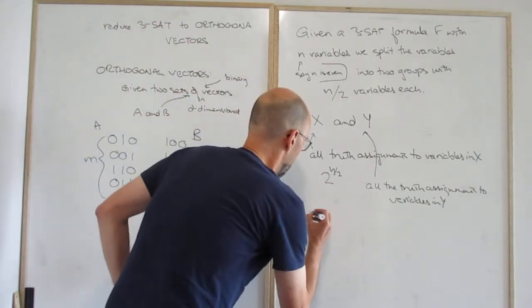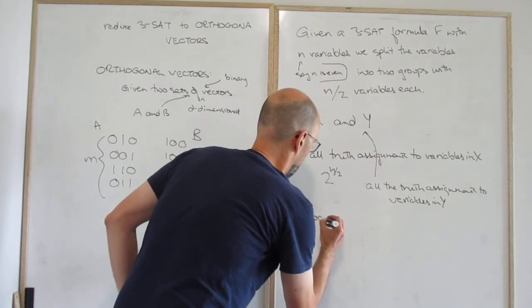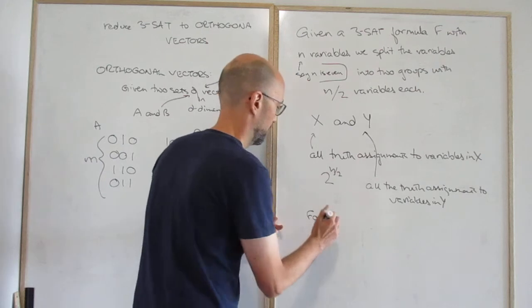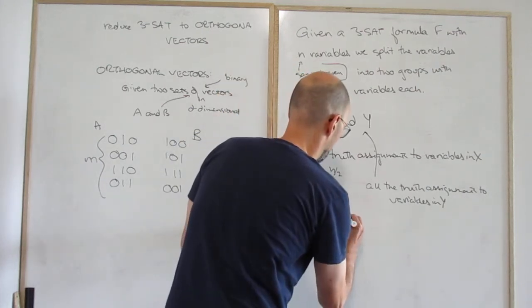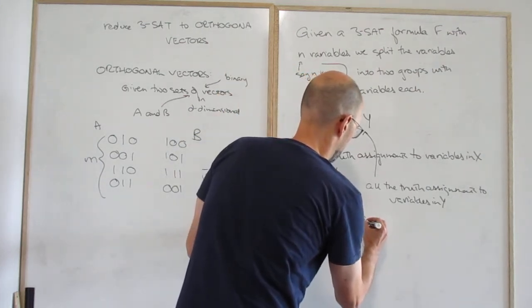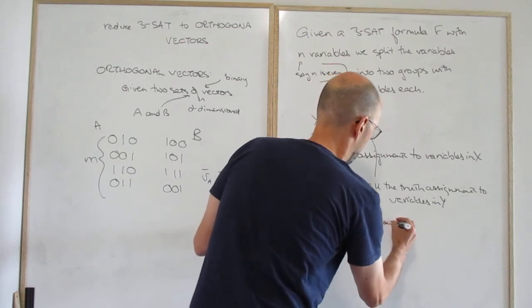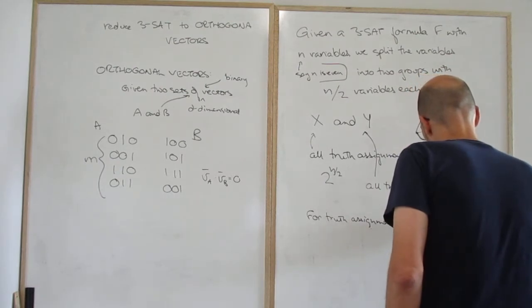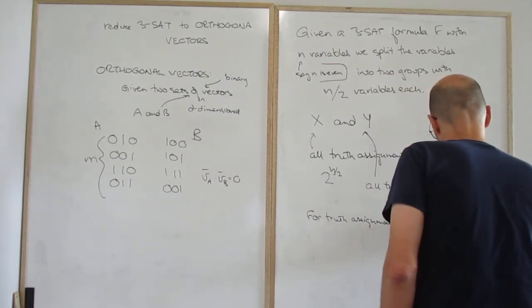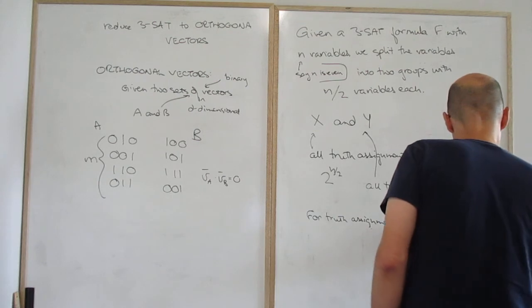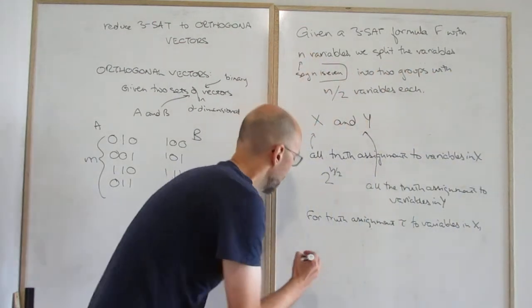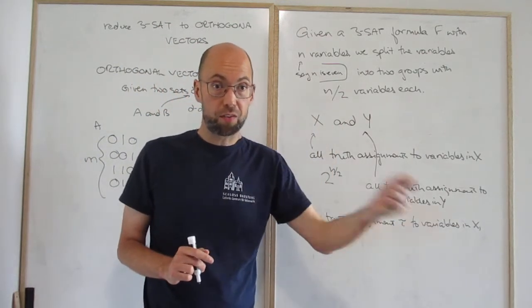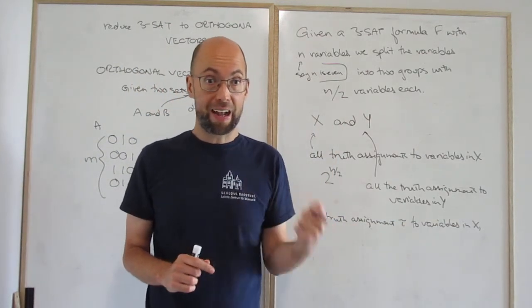For each clause, so for a truth assignment tau to variables in X, compute which of the clauses are made true by tau.